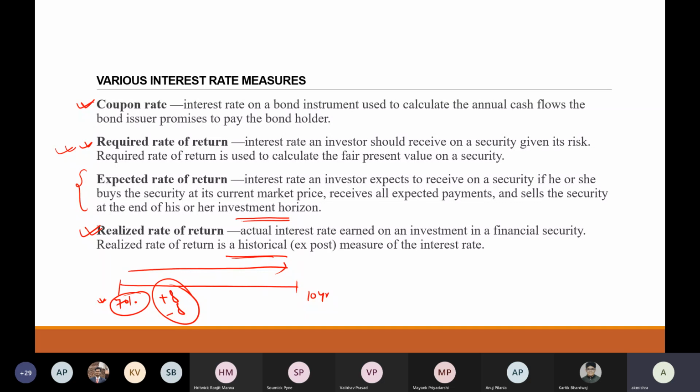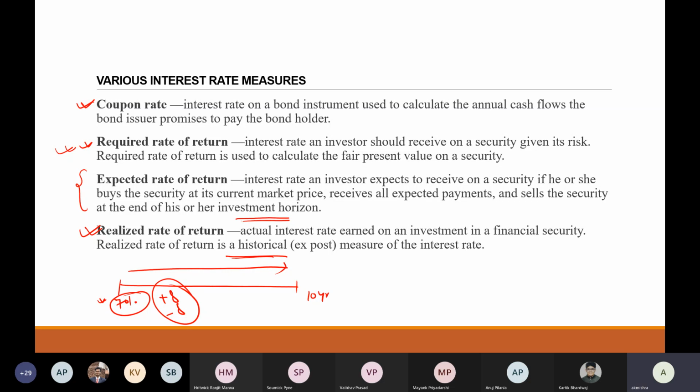Let's say after 5 years you purchase a particular instrument and now you want to know how much return you have got. Then using the historical information that we calculate, we call it realized rate of return or realized return from your investment. So these are certain terms we use, and once you start using them, you will find it easy to call and to define.